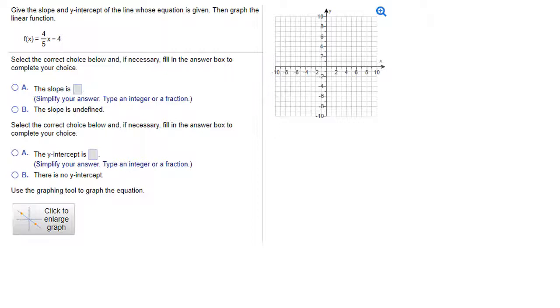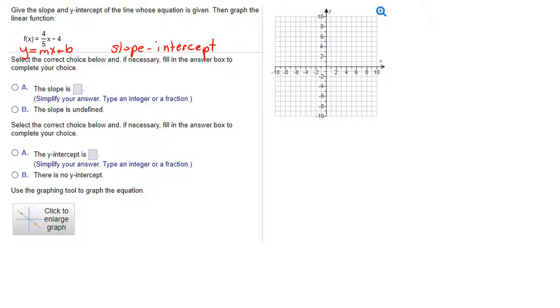Now, question number 4. We have to give the slope and the y-intercept of the equation given. This equation is in the form of y equals mx plus b, which is called the slope-intercept equation. Again, this is another handy formula to have next to you as you complete your homework and exam.